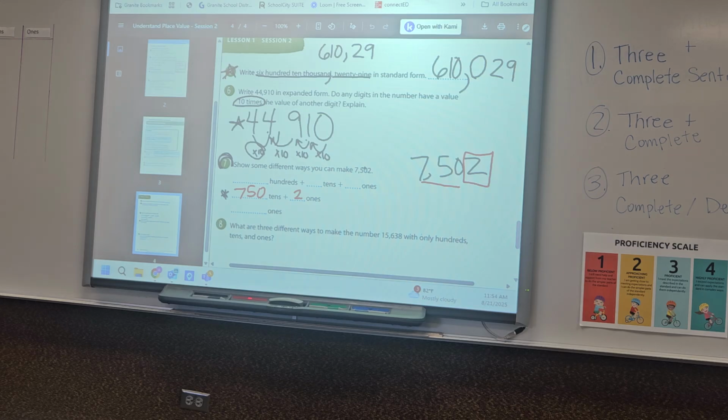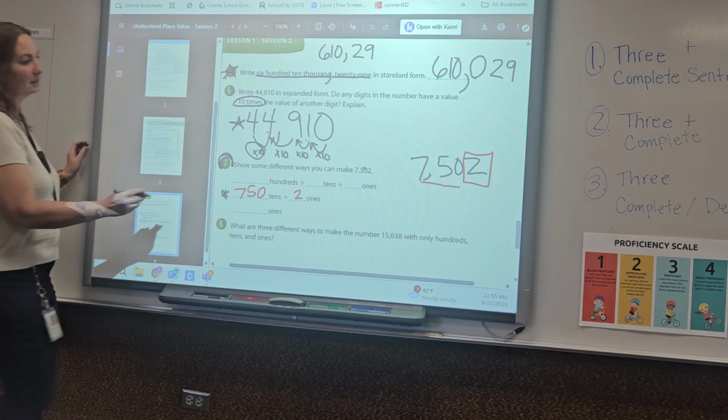And then the one below it just says ones. So what did you put there? 7. You have to use all the numbers, so you can't just put a 2. So what'd you put? 7,502. Pay attention, guys, pay attention. Yeah, so we can't just put a 2 there. We have to use all the numbers.